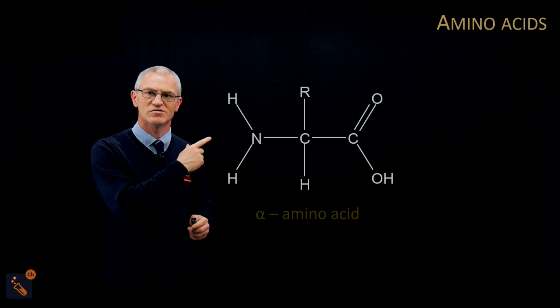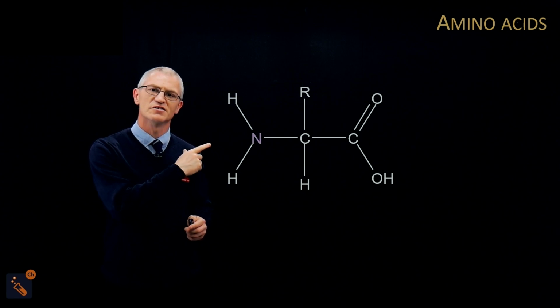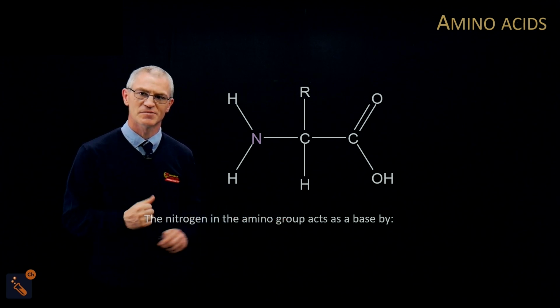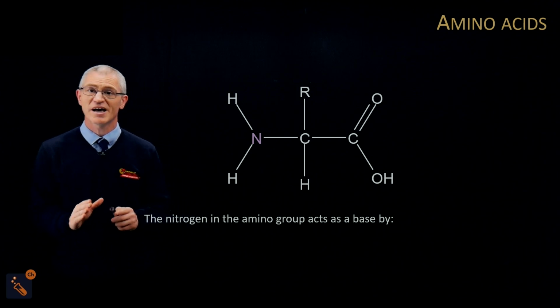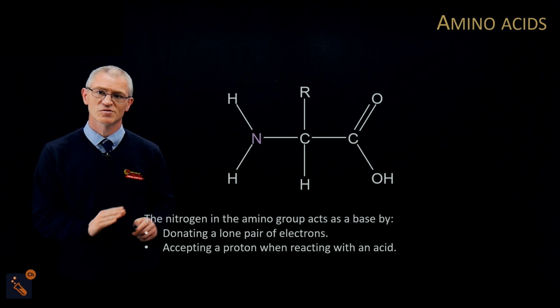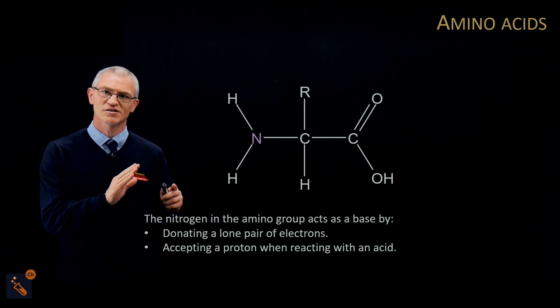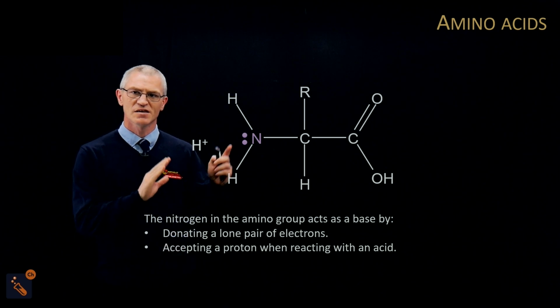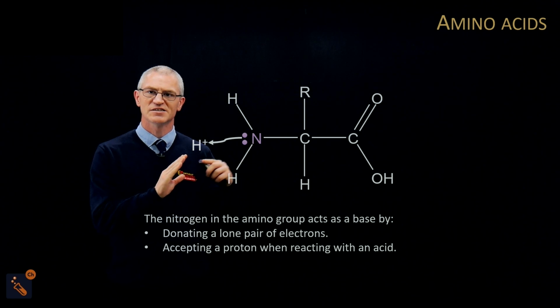But let's look at this nitrogen here that I've coloured purple. That purple coloured nitrogen is to indicate that it can act as a base. So the nitrogen in the amino group acts as a base and donates a lone pair of electrons. It accepts a proton when reacting with an acid, but what does this actually look like? So let's put the lone pair of electrons on and give you the H. We then take the lone pair of electrons to the H and form a dative covalent bond.